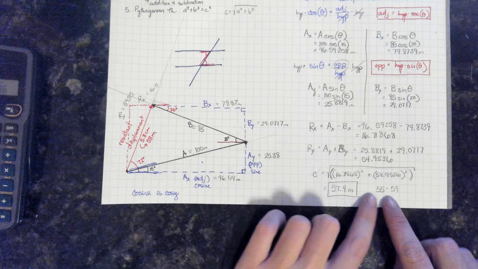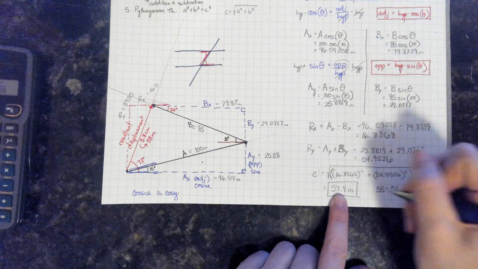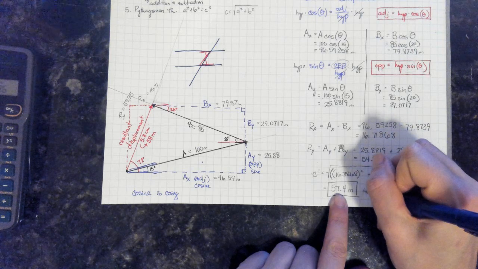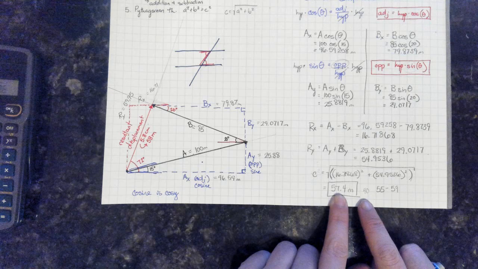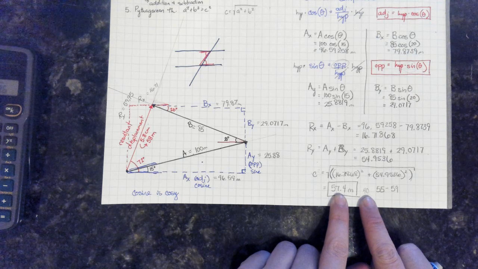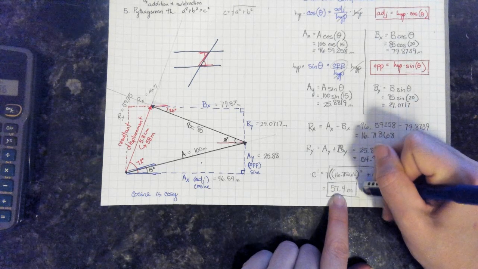And I'm going to also make sure that, well, 40 might be an answer choice, because 40 is 17 away.